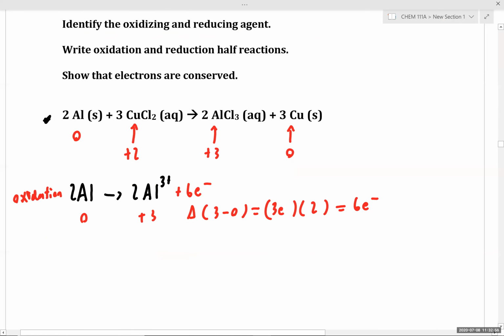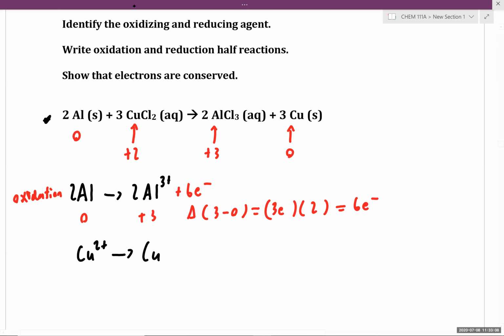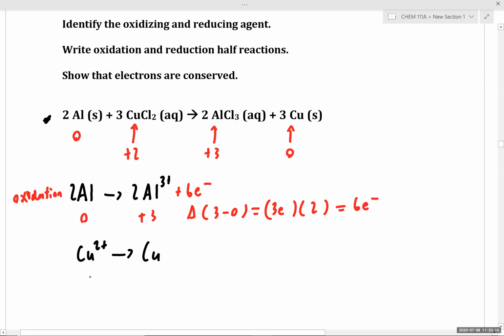Let's look at our next half reaction. For copper, we go from copper 2+ to copper 0. So in turn, we went from +2 to 0. Our difference is 0 minus 2, which is -2.